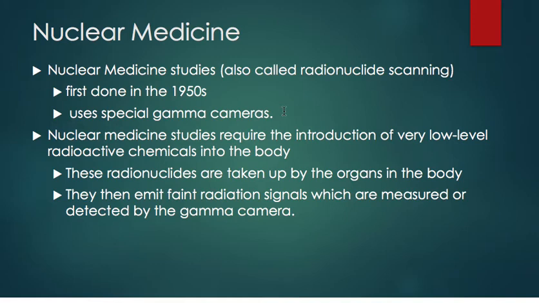Then when they scan them with the gamma cameras, those radionuclides are taken up by the organs of the body. They emit that faint radiation signal, which can be measured or detected by that gamma camera. So in nuclear medicine, the machine itself doesn't emit radiation, the patient does, essentially, in small doses, but it's absorbed by the different organs in their body, and they can visualize things so they can help diagnose patients.